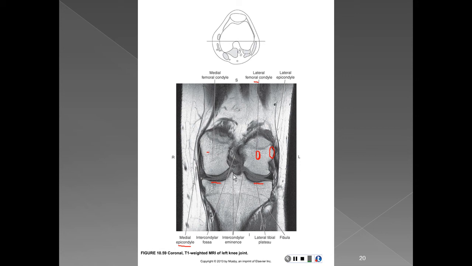And then you got the intercondylar eminence, which is the peak, which is the two peaks. Those are the intercondylar eminences. So the tibial condyles are separated by this intercondylar eminence. Some people call it the tibial spine.